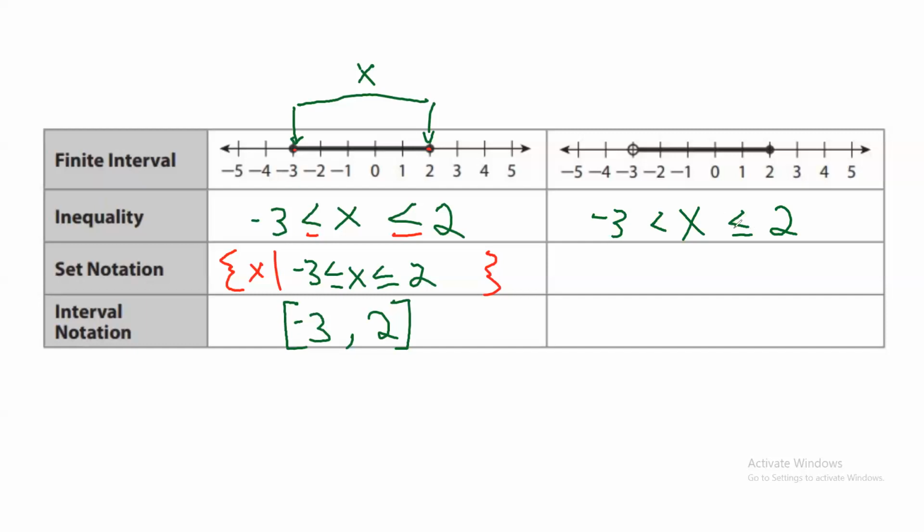Okay? That's my inequality. Questions on that? Pretty simple. Set notation, okay? We have these fancy brackets, x such that -3 less than x less than or equal to 2. Yeah, copy paste.